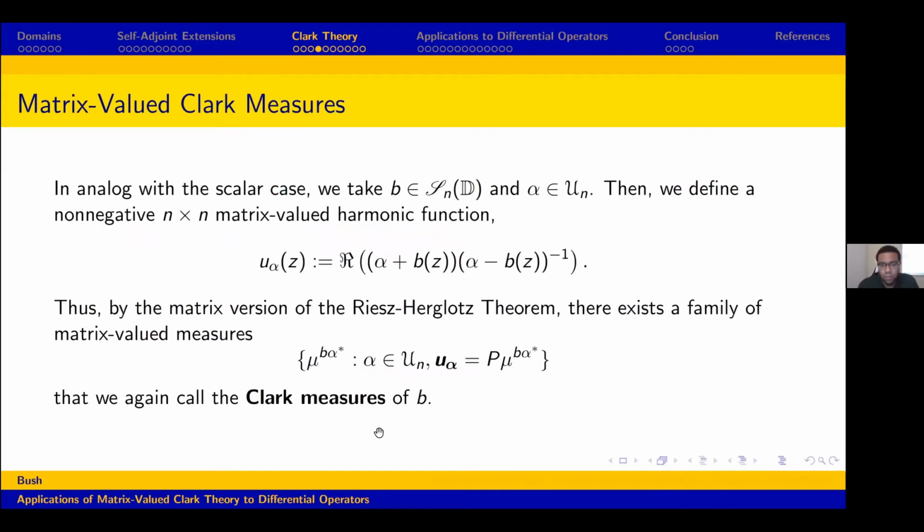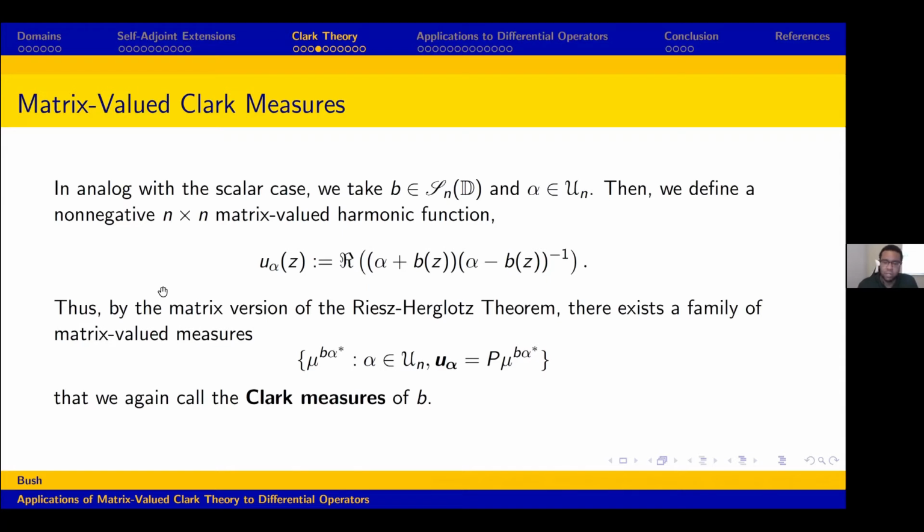And then there's an analogous result in the matrix case. This time we're going to look at an n by n contractive function phi and an n by n unitary parameter alpha. Then we have a non-negative matrix valued harmonic function through a similar construction. And then there's a matrix analog to the Riesz-Herglotz theorem that was not done by Riesz and Herglotz, but it's also not named after anyone.